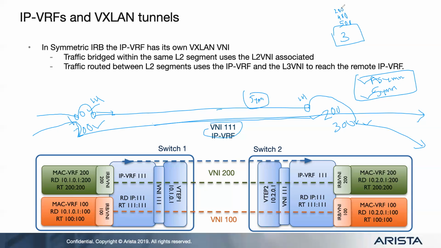So when the traffic comes and is supposed to go to 200, assume we don't have 200 in VTEP 1, just remove 200 there. It's supposed to be symmetric. So how will the traffic go?